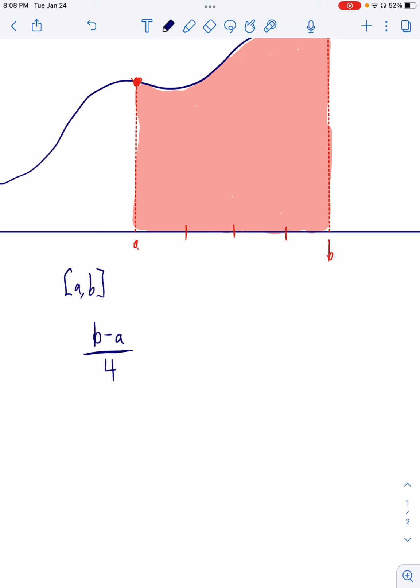So each of these is a width of b minus a over 4. That's the width of each subinterval.